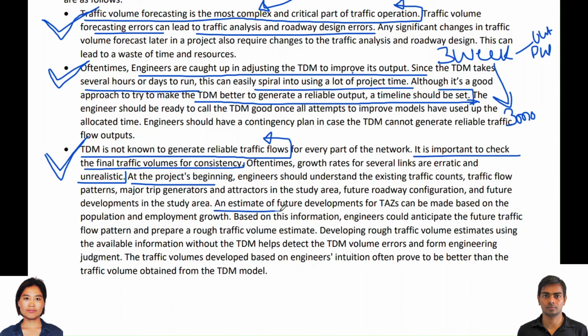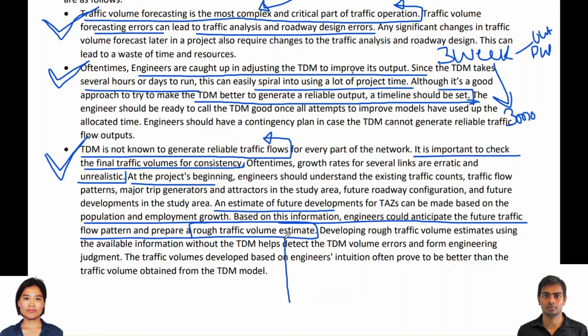This kind of intuition gives me an estimate of the traffic volume that we are looking to generate. An estimate of future developments can be made based on population and employment. Based on this information, an engineer could anticipate the future traffic flow pattern and prepare a rough traffic volume estimate. So either in my head or on scratch paper, I prepare a rough traffic volume estimate without running TDM.